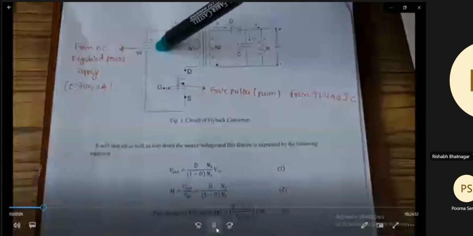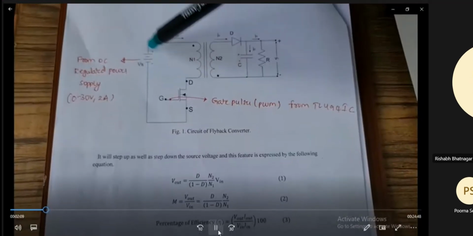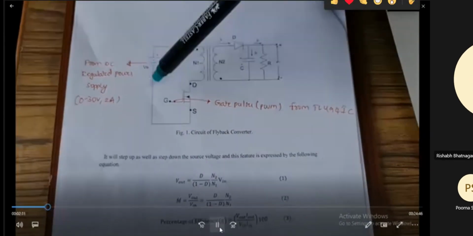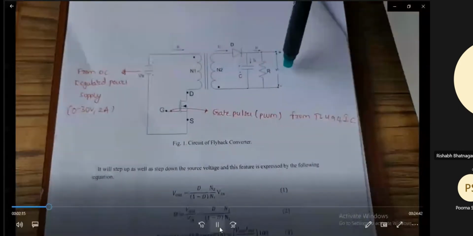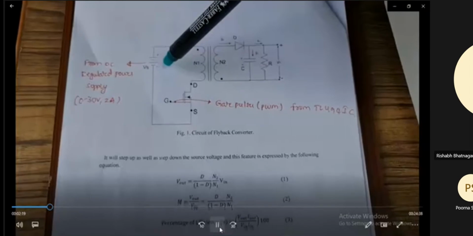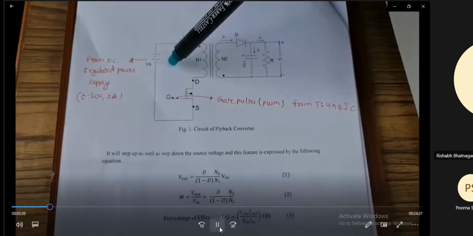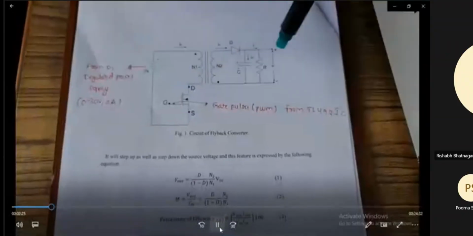So 12 minus 6 is 6 volts, 12 plus 6 is 18 volts. We will be demonstrating the functionality of closed loop converter voltage regulation. Load voltage is regulated at 5 volts, whereas supply voltage is changed from 6 to 18 volts, where 12 volts is the nominal voltage.